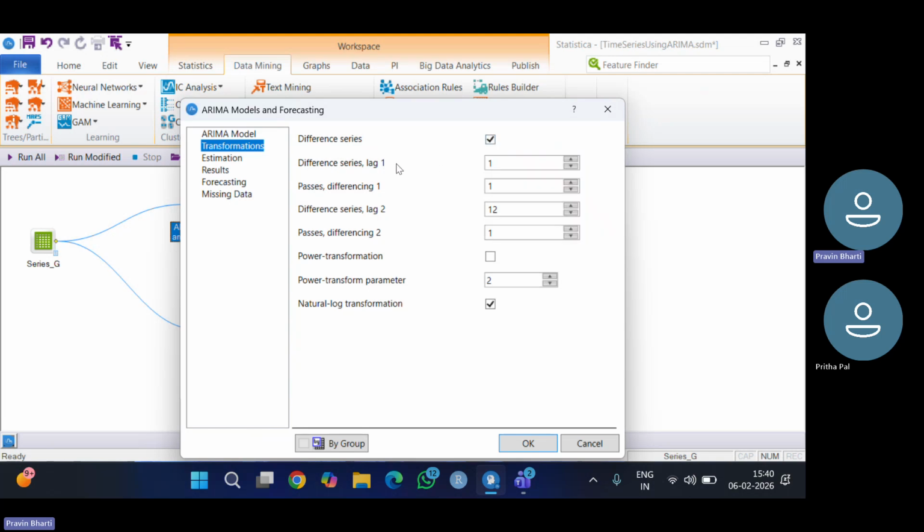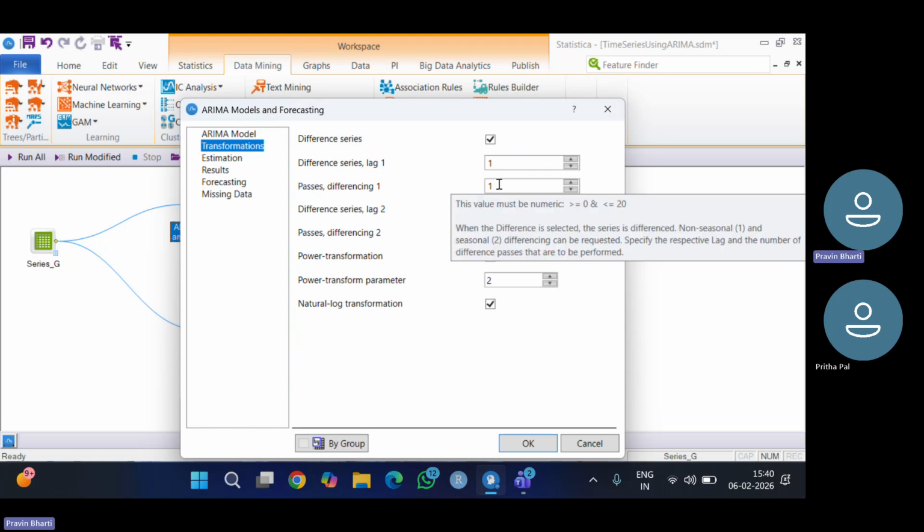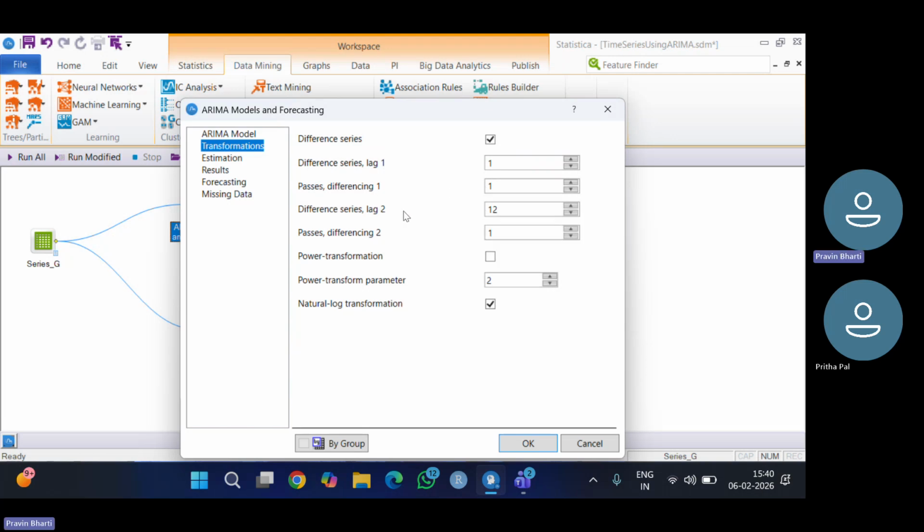Then we are taking first difference at 1 for the moving average parameter to remove the trend, and it will pass through only one step. Then at lag 2, differencing our series at the 12th lag, and it will pass through one step. And then we apply the natural log transformation to our raw series to remove this seasonality.